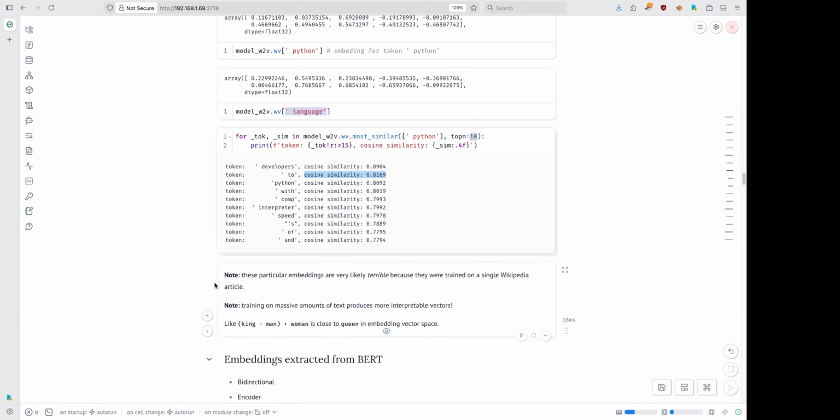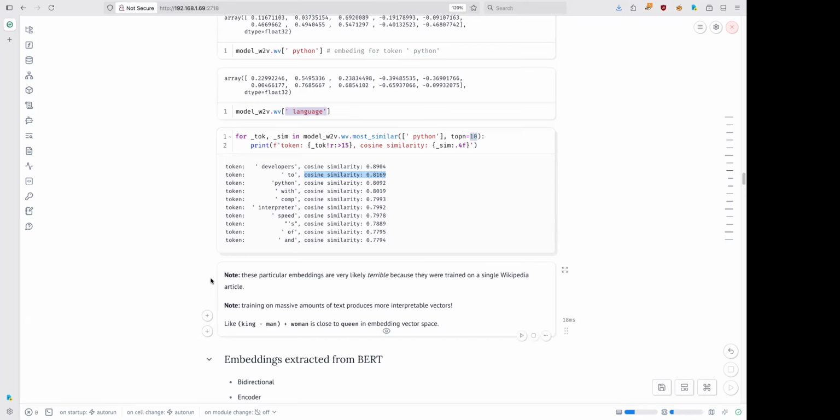The usual example is that we can take the embedding for the token king, subtract manliness from this embedding, and add womanness. And we, as humans, expect that when you take king, subtract manliness and add womanness, you will get something close to queen, right? Because queen is the woman equivalent of king.